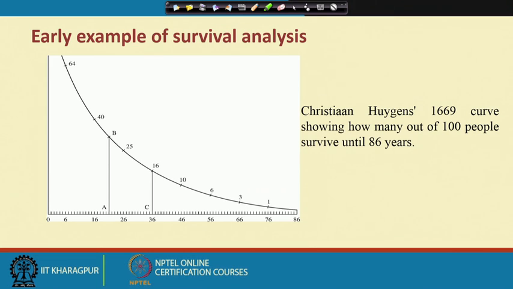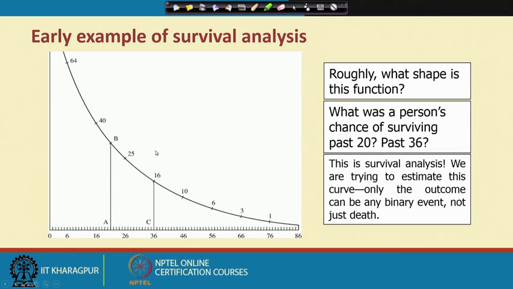The usual trend of survival analysis is that it declines over time, and the question is what shape this function has, and what a person's chance of surviving the first 20 years or first 36 years is. That is what the prediction is about, because it is connected with the life cycle hypothesis.